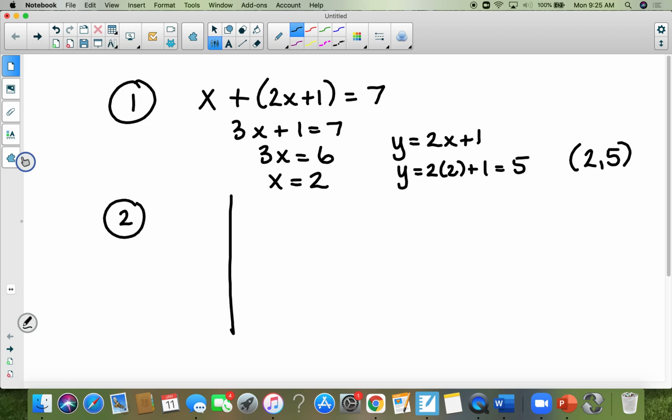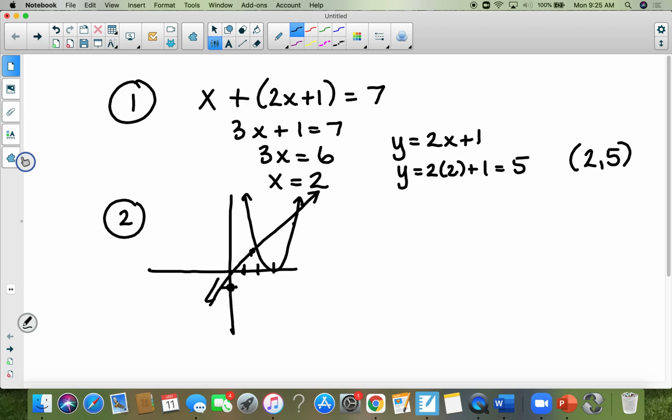Number two, they give you part of the graph. They give you the parabola that hits right here at 3, 0. You're supposed to graph the line y equals x minus 1. Put a little dot down below, make one, and then go up 1 and over 1, up 1 and over 1, and so on.